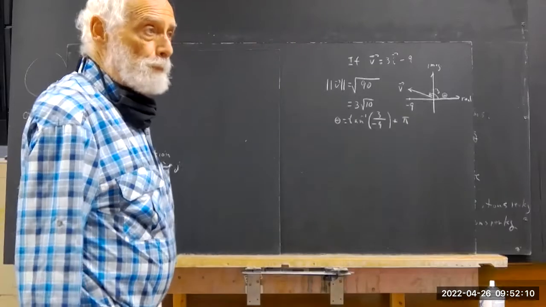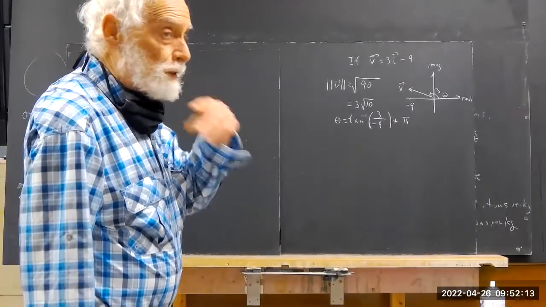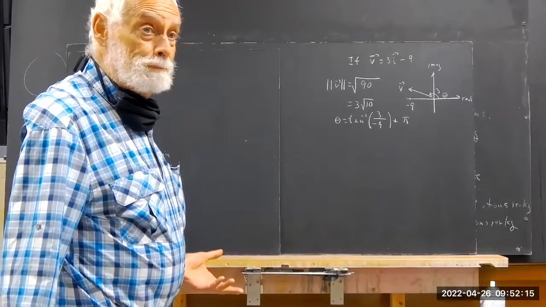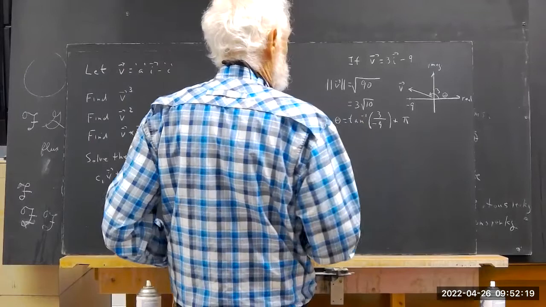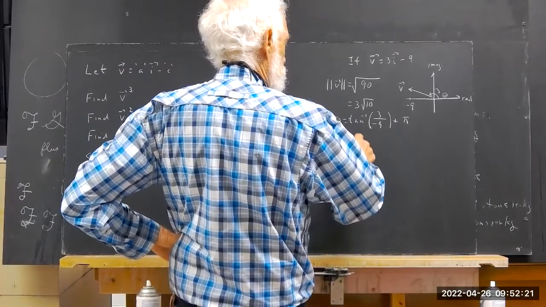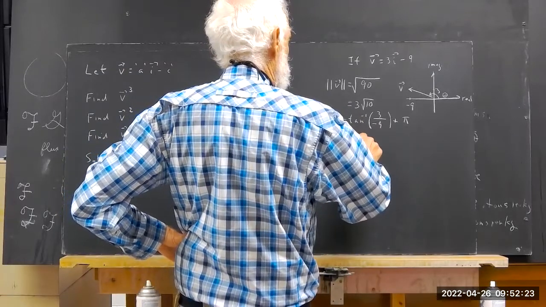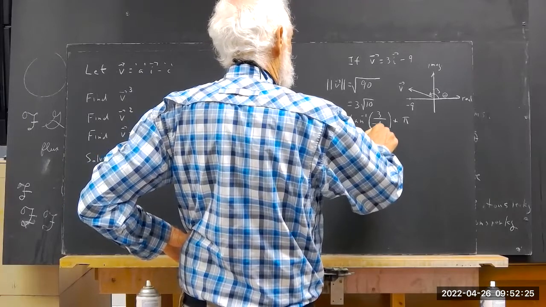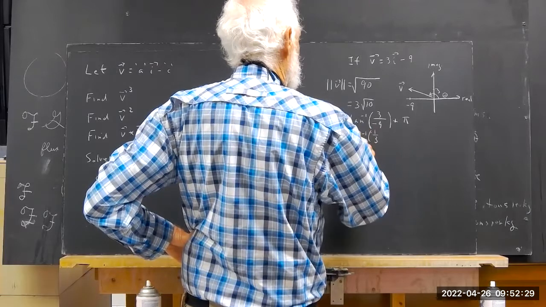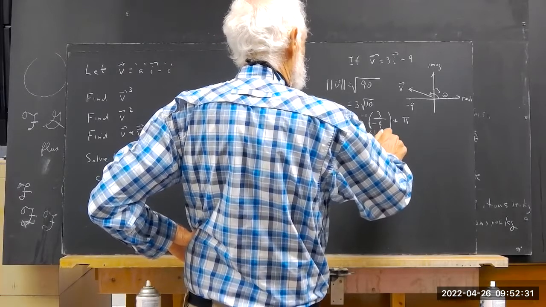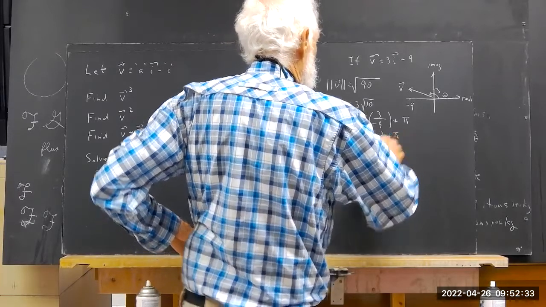We generally do mathematics in radians. So it's the inverse tangent of negative 1/3, and that would be the negative inverse tangent of 1/3 plus pi.